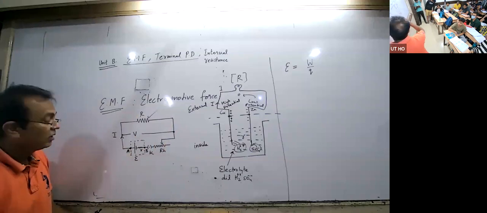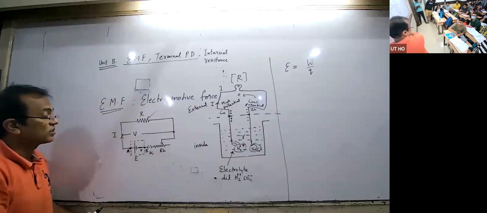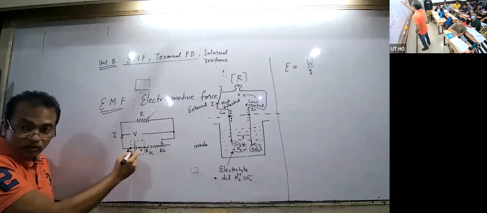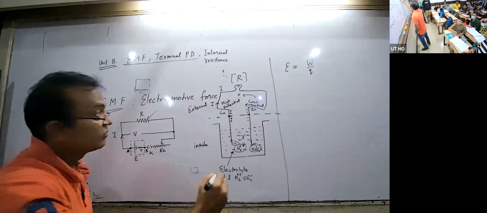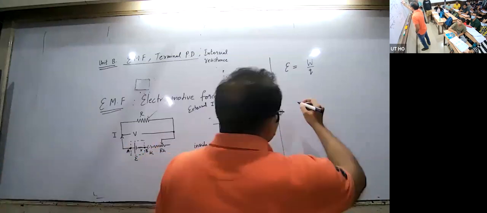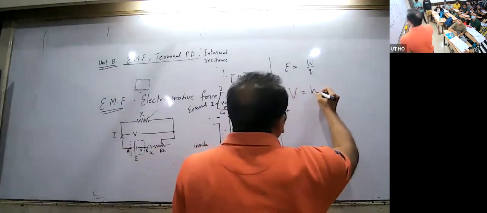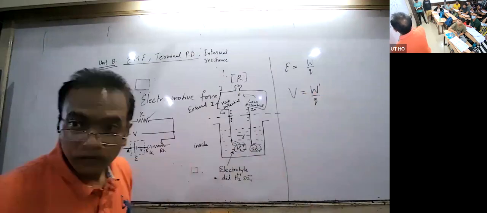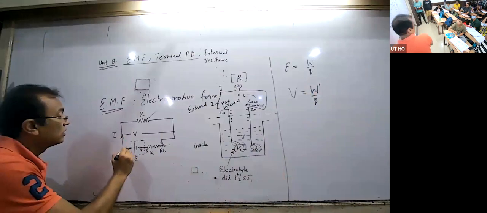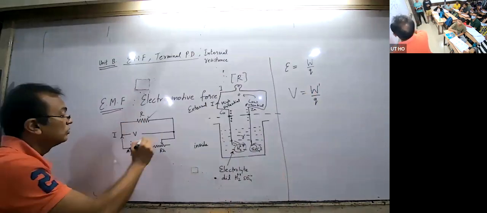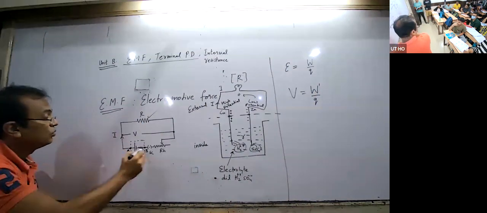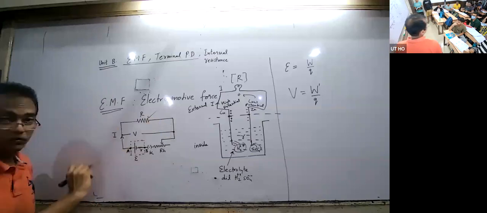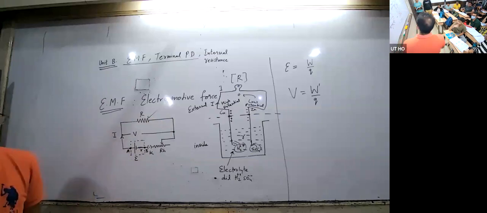Now, what is terminal potential difference? See, there is a resistance inside also, right? So terminal potential difference is defined as the work done in taking the charge through the external circuit only, from point A to point B, not also from B to A. Got it?